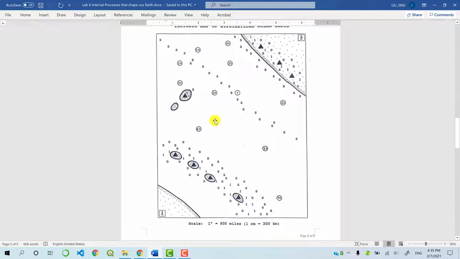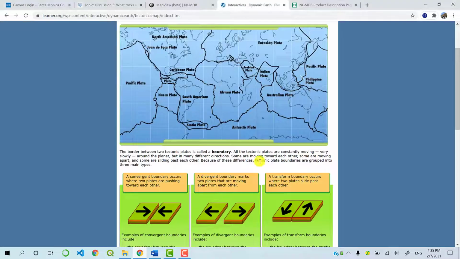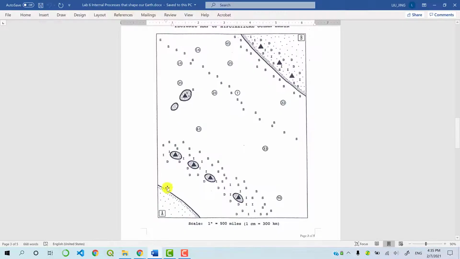So go to your lectures to study divergent boundaries. You have two plates moving away from each other, with lava oozing out. You have newer rock here, but those plates will carry the older rock away. So that's the hint for what kind of plate boundary it is.